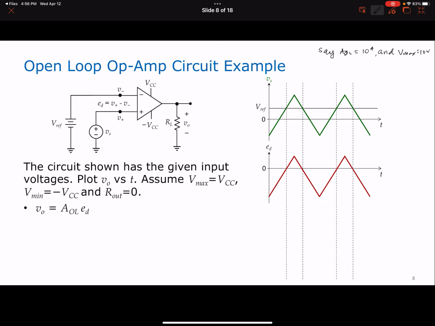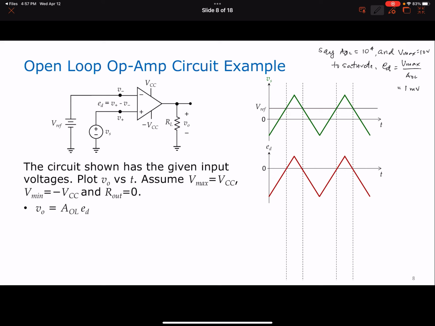To saturate, ED would be equal to Vmax over AOL, and this will be just 1 millivolt. In other words, when the difference between V plus and V minus under these circumstances is just 1 millivolt, our output will already saturate. And that can be a very, very small value.